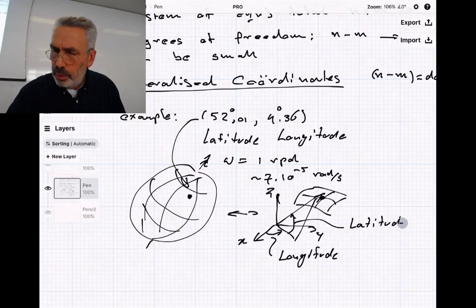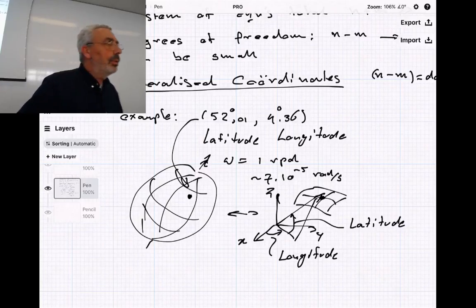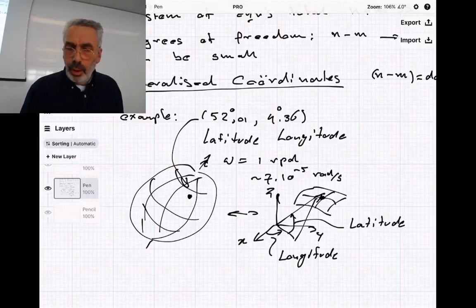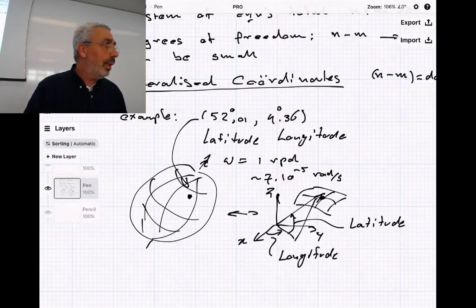Now, latitude is not so clear to me. With latitude, I think of latte or milk, so I have no clue where that came from. But longitude, long, that's like a length. However, wherever you are on Earth, every direction is as long as any other direction.